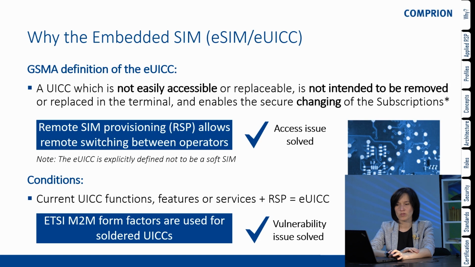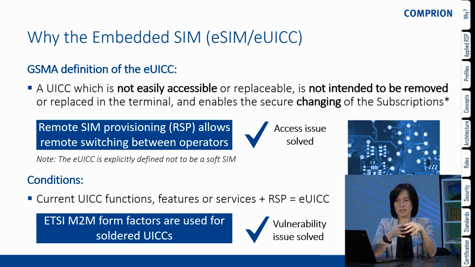Here on the screen we have the definition of the eUICC, which is a UICC which is not easily accessible or replaceable, is not intended to be removed or replaced in the terminal, and enables the secure changing of subscriptions. So the eUICC is basically still a piece of hardware, not a soft SIM.